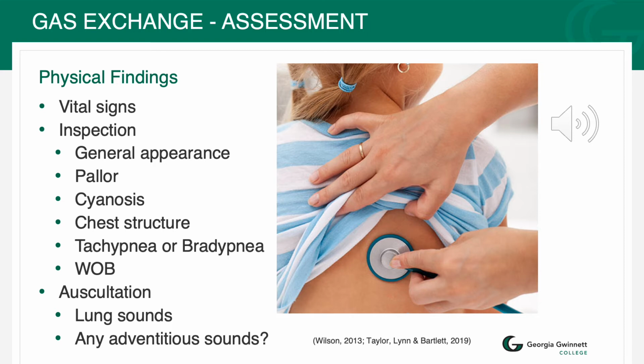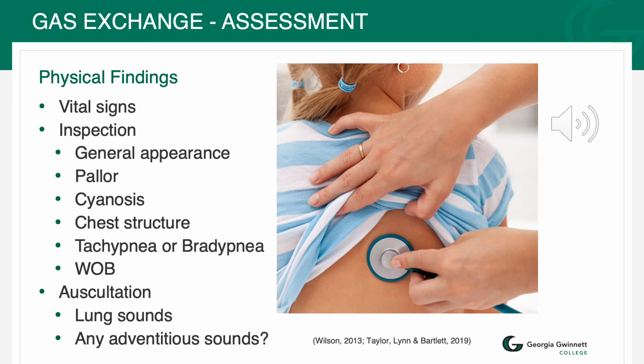So you'll go into this in great detail in your health assessment class, but I want to make sure that you know that another piece of your assessment and your history is the physical findings that you're going to be assessing, right? So you're going to be looking at their vital signs. What's their oxygen saturation level? What's their respiratory rate, along with the rest of the vital signs? You're going to inspect them. I like to do this before I even put my stethoscope on the patient.